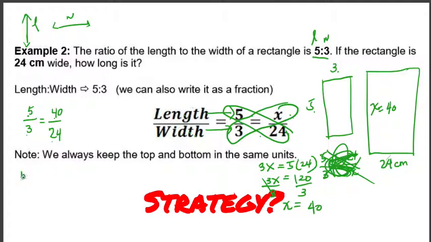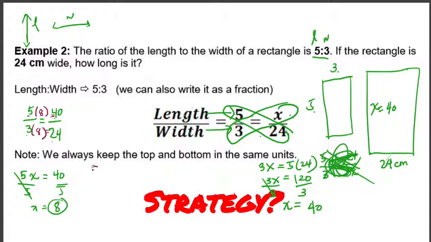So let's calculate 5x, because we did not know the scale factor, is equal to 40, divided by 5 divided by 5. X is equal to 8. So let's see. Multiply by 8, multiply by 8, and you can see 5 times 8 is 40, 3 times 8 is 24.